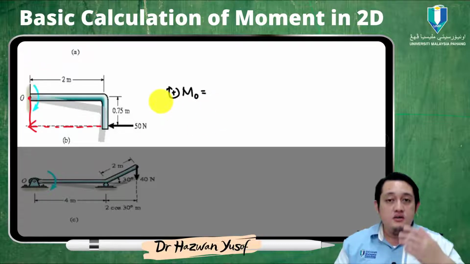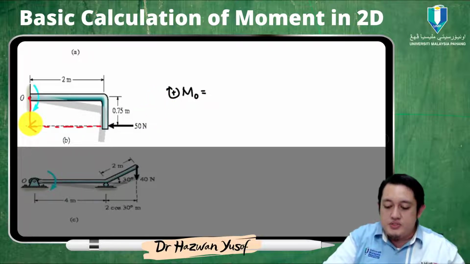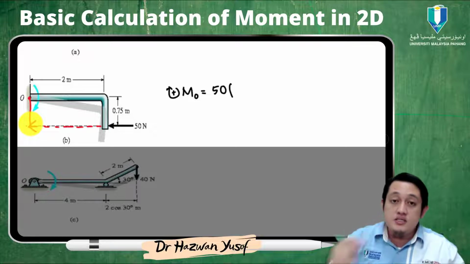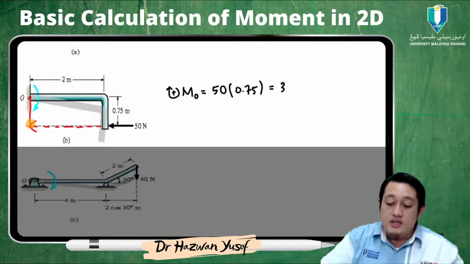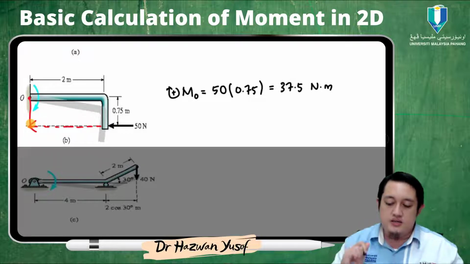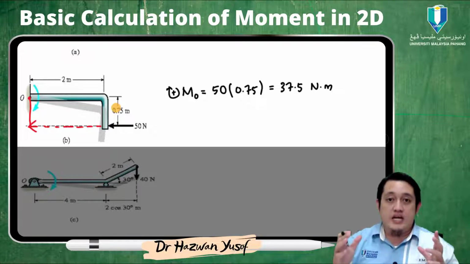So with our assumption of clockwise positive, the force also creates clockwise rotation. So this one will again be positive 50 Newton times the distance, which is 0.75 as discussed before. Therefore, the answer is 37.5 Newton meter. Did you get the picture?